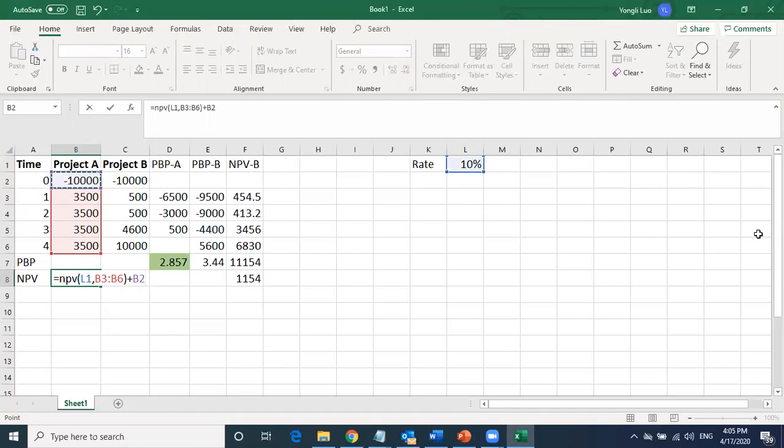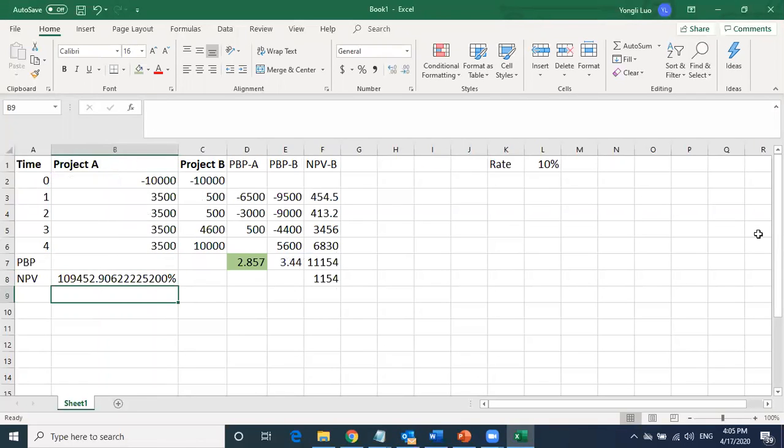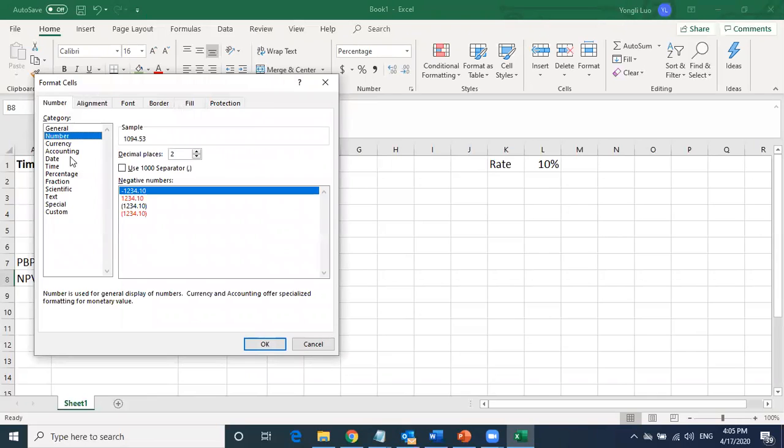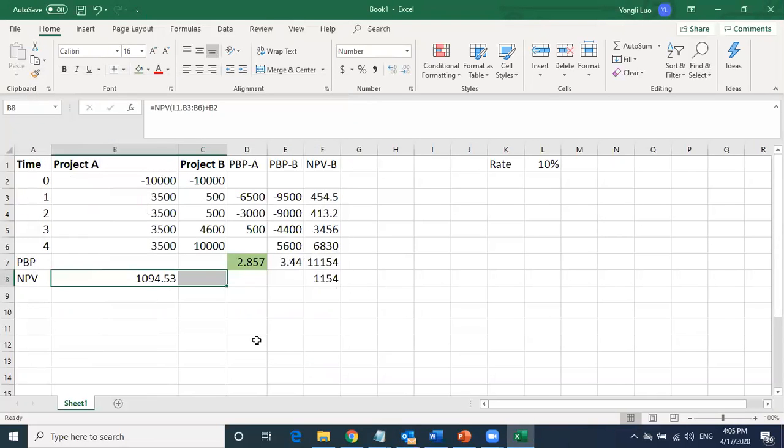That's your net present value. So they give you a percent, so we need to format this. Format the cell to a number with 2 decimals.